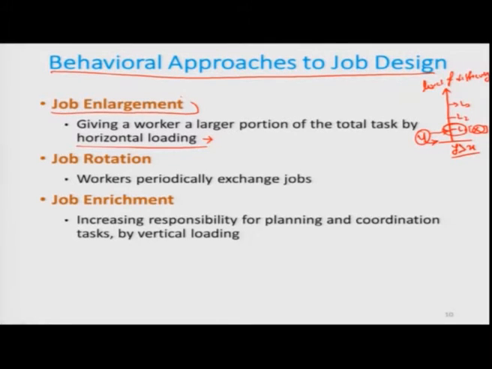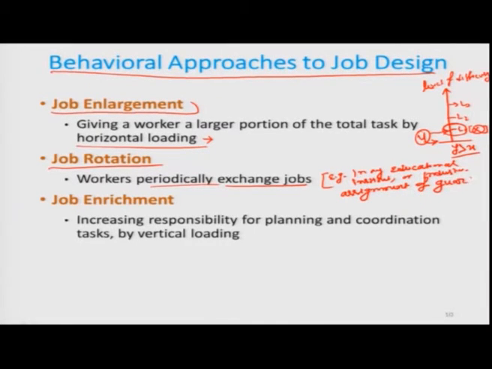There is no change in difficulty level, that is called horizontal loading, and you can say job enlargement. Okay. Now, the second one is job rotation: workers periodically exchange jobs. For example, in any educational institution or industry, the assignment of a guard is rotated periodically.